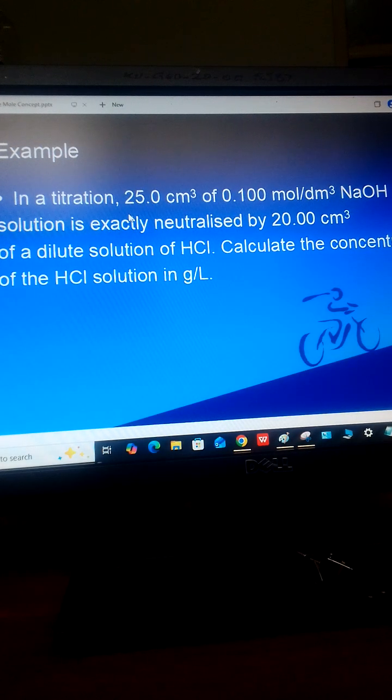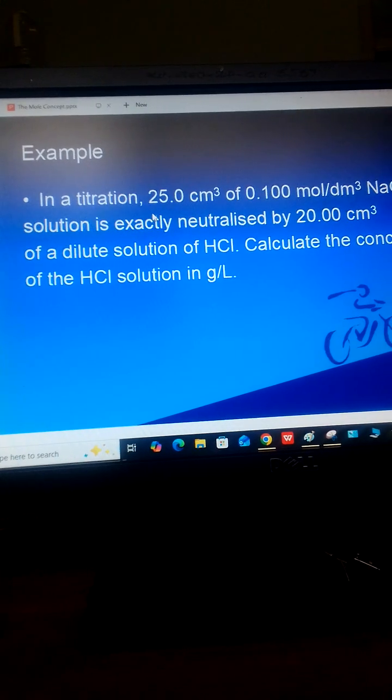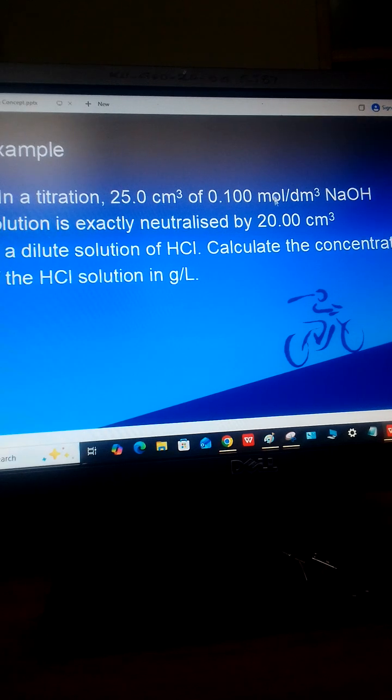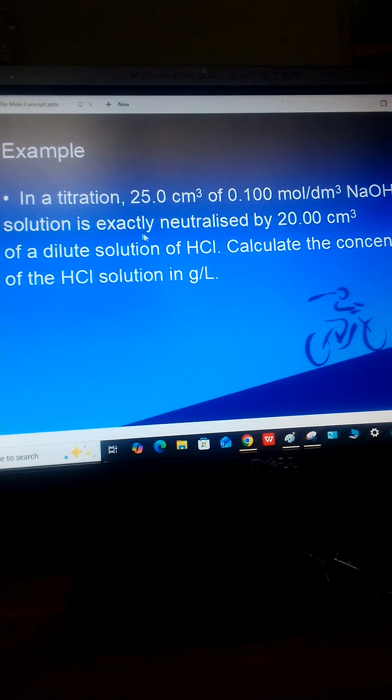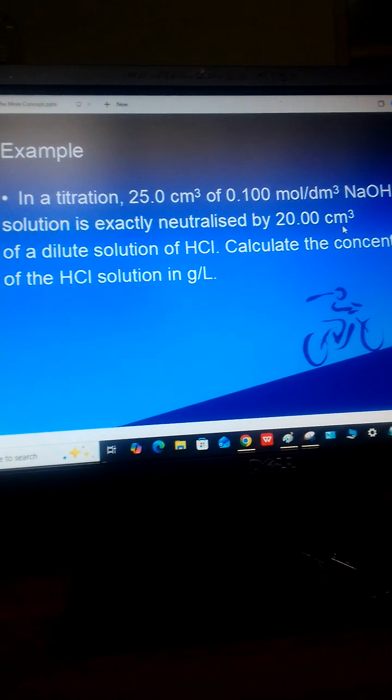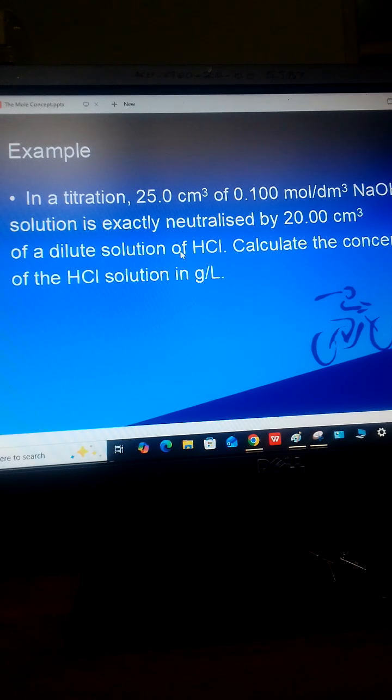Let's look at an example, which is a titration experiment. Now, in a titration, 25 cubic centimeters of 0.1 M sodium hydroxide, moles per liter is the molarity, so 0.1 M sodium hydroxide solution is exactly neutralized by 20 cubic centimeters of a dilute solution of hydrochloric acid.